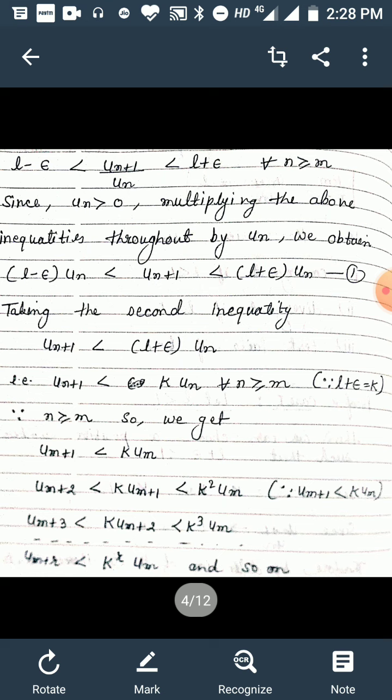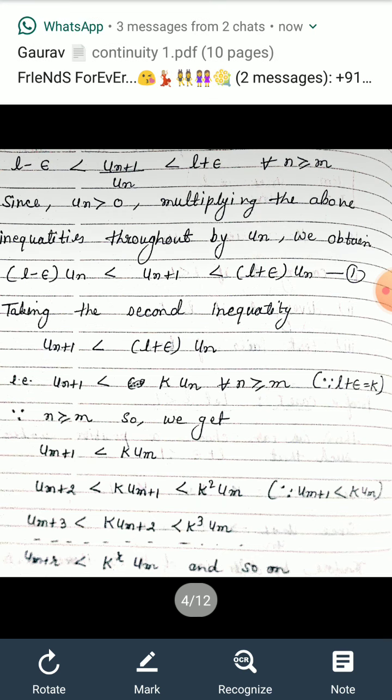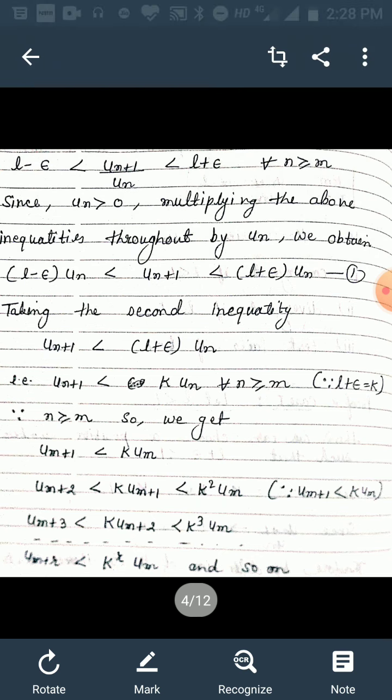If n is equal to m plus 1, we get um plus 2 is less than k um plus 1, and since um plus 1 is less than k um, this further can be written as less than k square um.